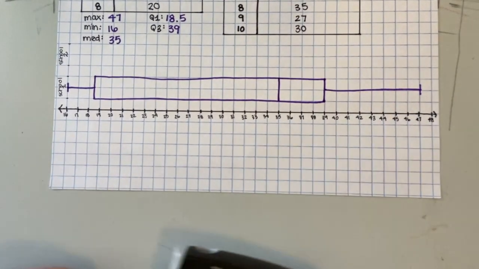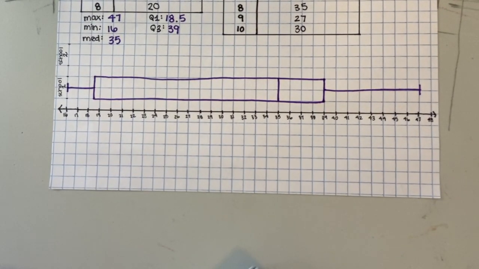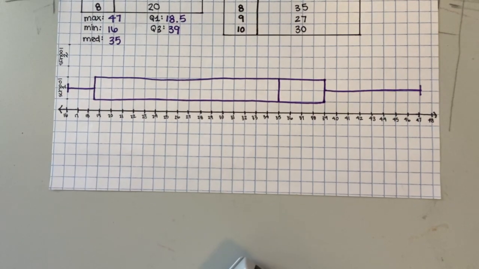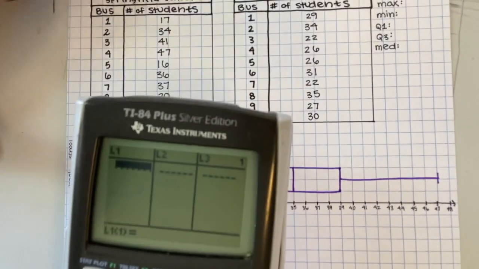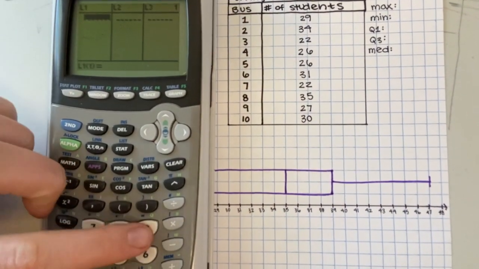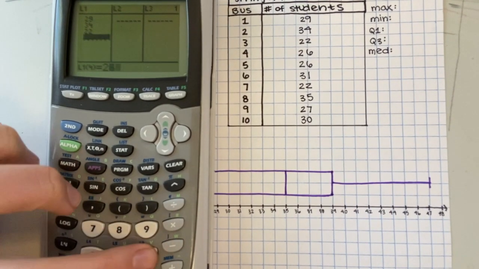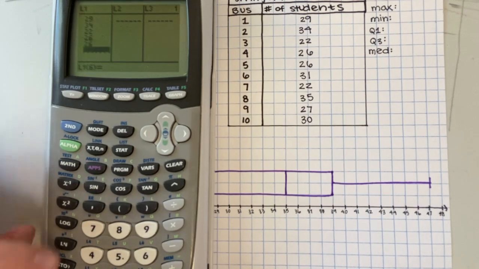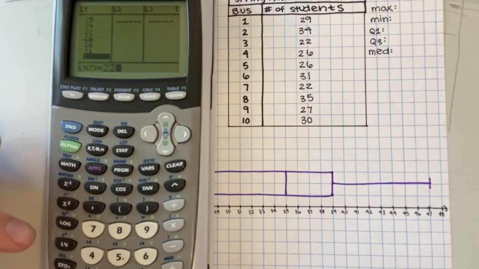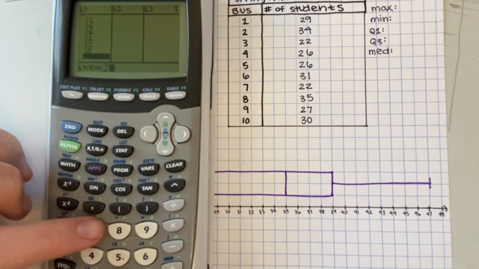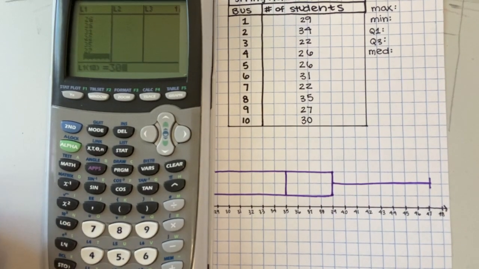For the other set of data, I can clear my calculator real quick and enter in the second set of data. We've got 29, 34, 22, 26, 26, 31, 22, 35, 27, 30.